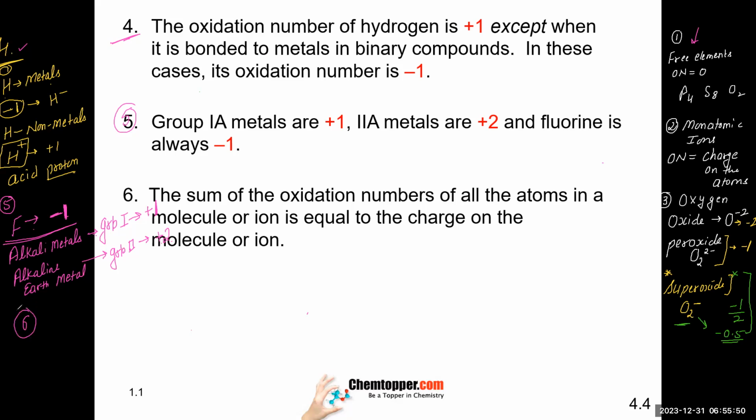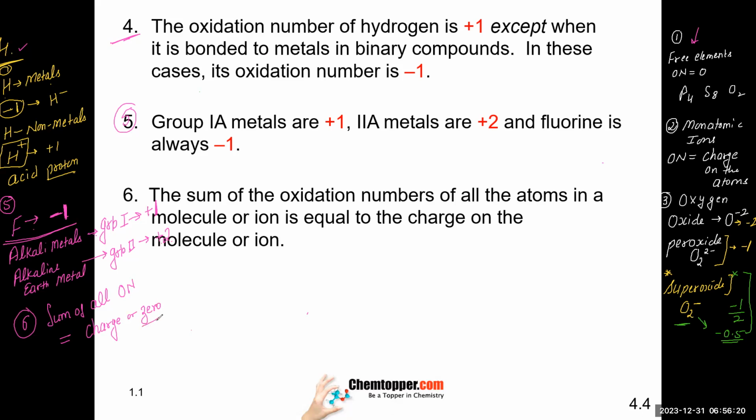calculate for others. Rule number 6 is for the ones which are not mentioned here. Calculate for them. How to calculate? You are going to use this rule that the sum of all oxidation numbers is equal to the charge on that species or 0.